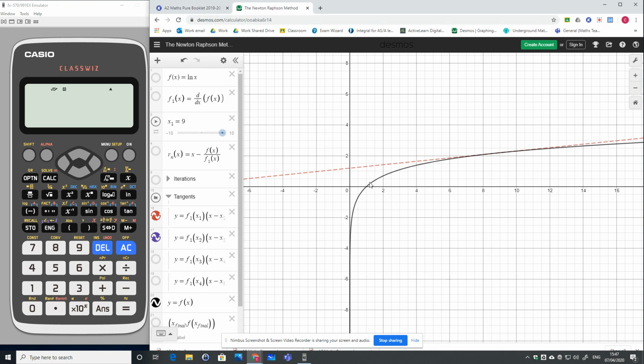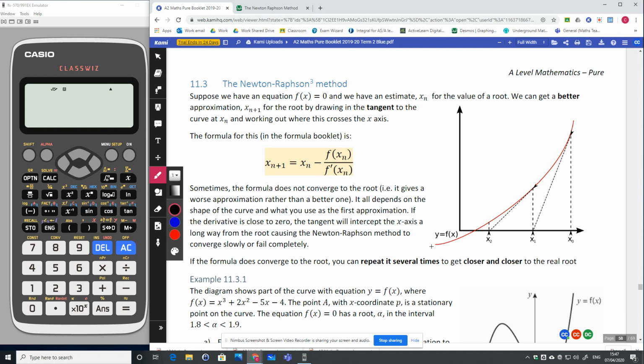Just like the iterative method, not every starting point on the graph is going to find that root. If you find one that is working, if it is converging, then the more times you repeat it, the closer you get to the real root. It might be that starting in the wrong place on the graph means it converges very, very slowly, or it might fail completely.